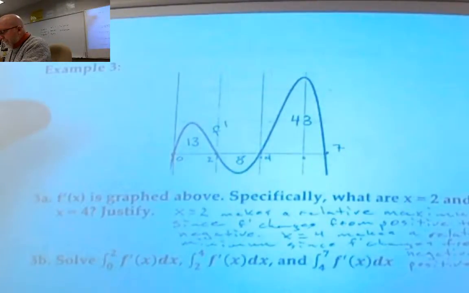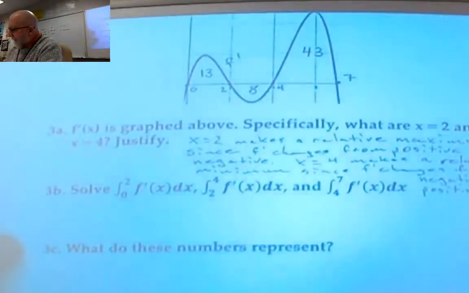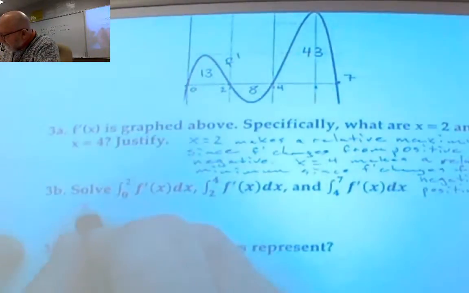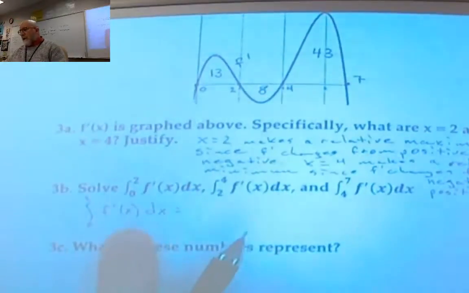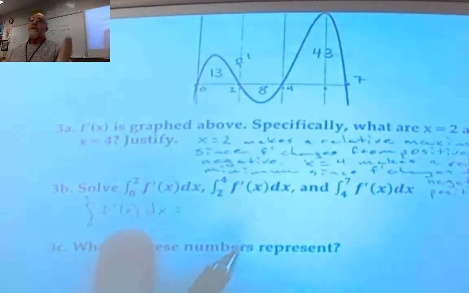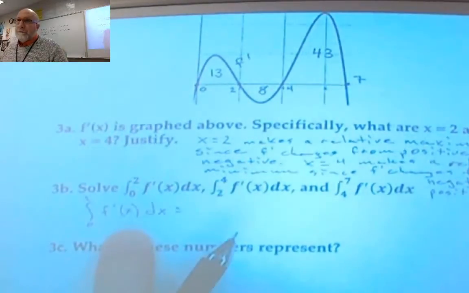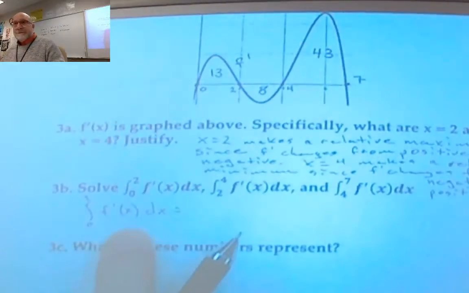Now, Maya, what does that mean? What is it asking you? First of all, is it definite or indefinite? Definite. It's a definite integral.